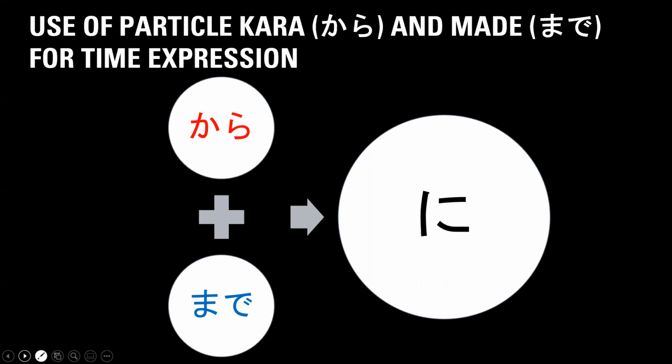For example, for the word hajimemasu, diba? Hajimemasu. Okay, obviously, since the verb is to begin, it means to say that the time there is the starting time. Okay.